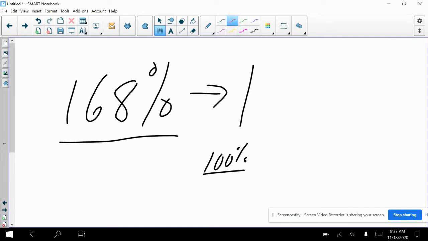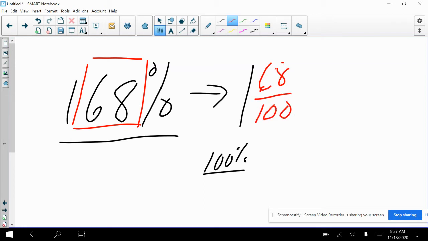What do we do with the 68 in this? Michael? Very good, sir. That's 68 over 100. That is correct, right? We turn that into a fraction.